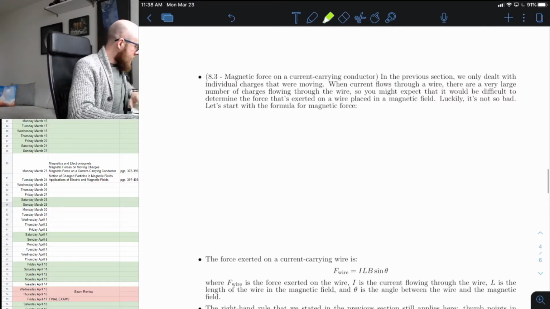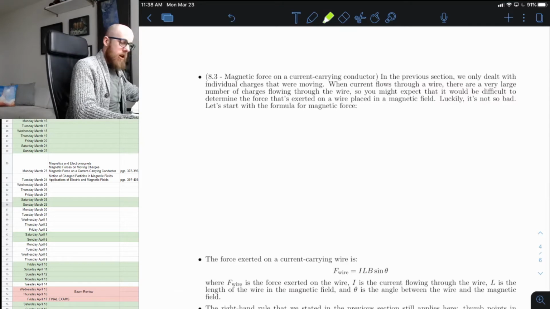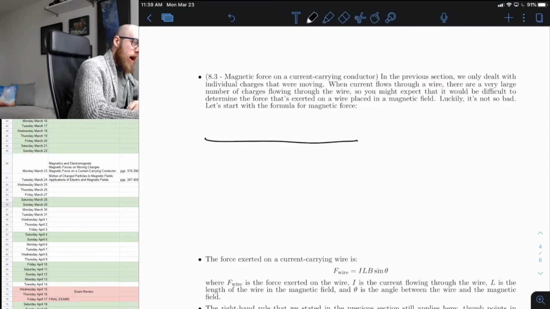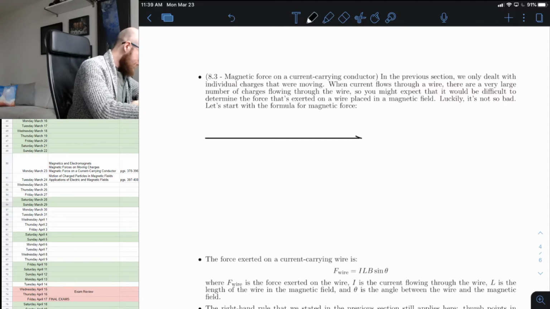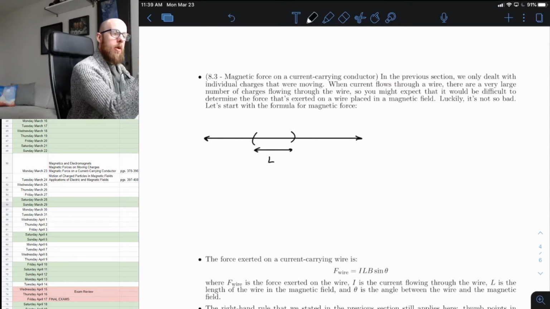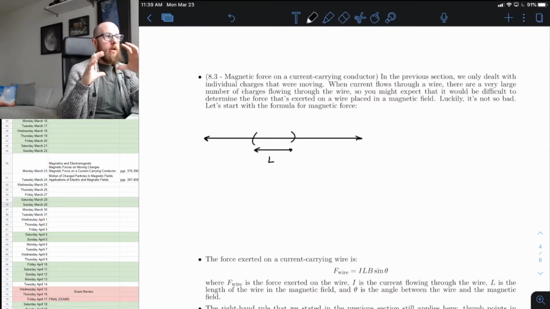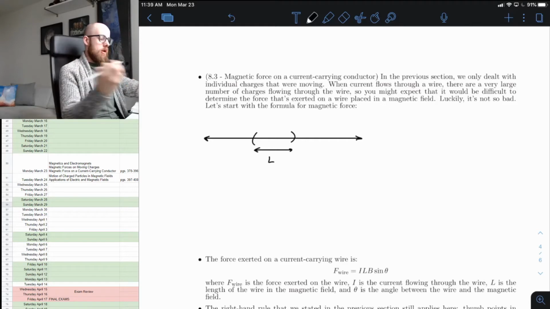Okay, so let's figure out the force that's exerted on a current carrying wire. Let's assume that we have a wire, and we're going to consider a little segment of the wire, and the segment of the wire has a length of L. Let's say that within that small segment of the wire, there's Q amount of charge.